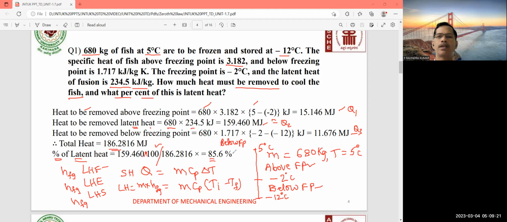What is the latent heat percentage? What you have to understand is the amount of heat which is removed in the sensible part and in the latent heat part. This is how you have to solve the numerical problem. Always we know that Q is equal to m Cp delta T, which you should not forget.